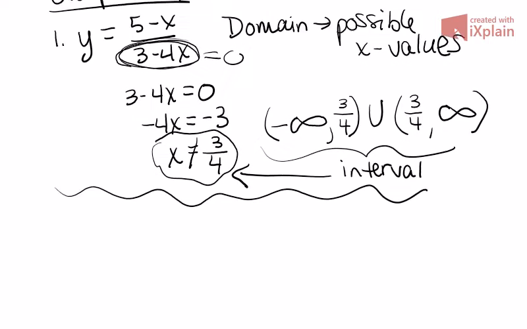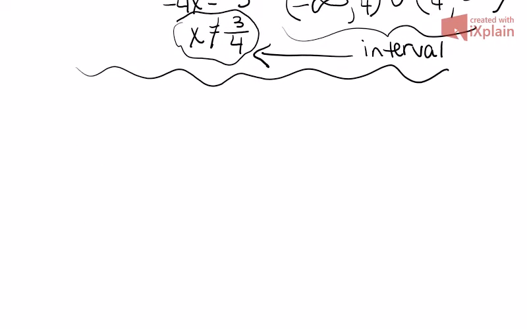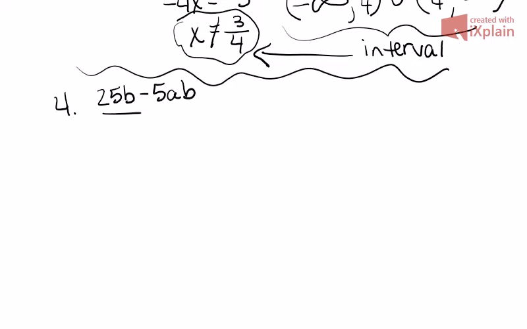So moving on, the next one you wanted was number 4, which is 25b minus 5ab divided by a squared minus 25. When it says simplify, really that's just telling us we need to factor and make sure we cancel out anything that'll cancel out.